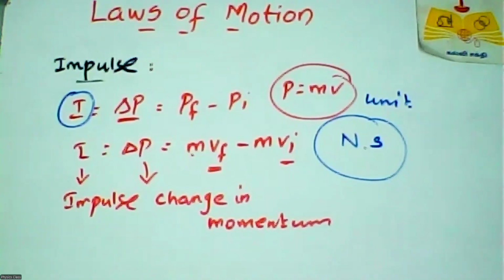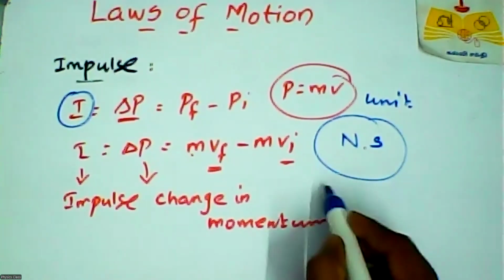The kg is not a unit for weight, it is a unit for mass. Mass into g, m into g, then only we get weight. So kilogram is for mass, Newton for weight. That is force also, so force is also denoted in Newton.